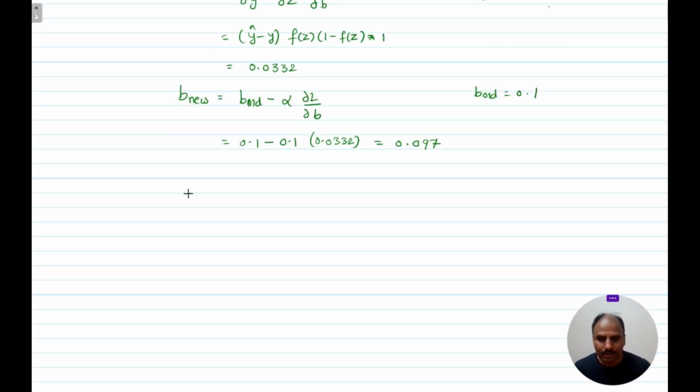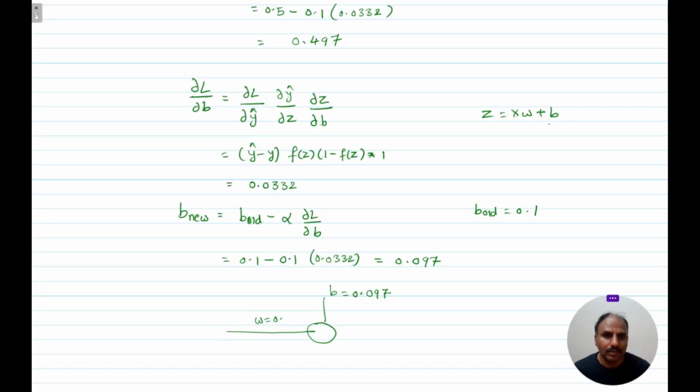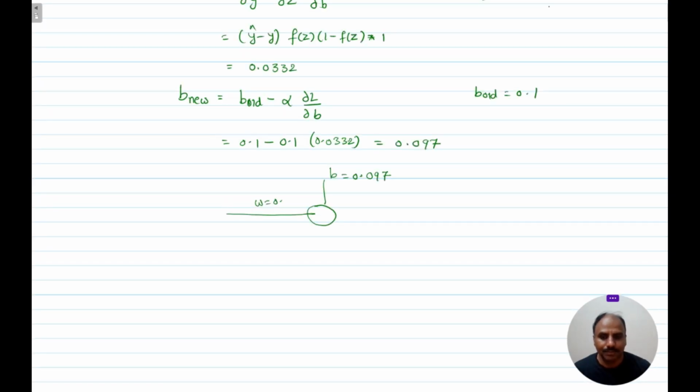Again I am drawing this diagram. Now B is equal to 0.097 and W equal to 0.497. Now x, then z, then after the activation function, finally your y cap.